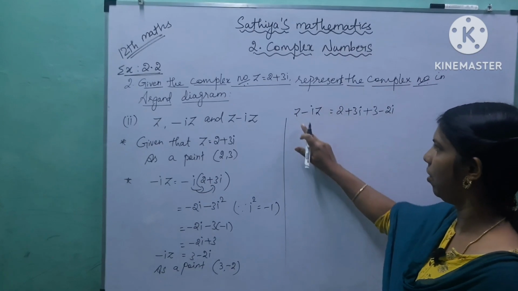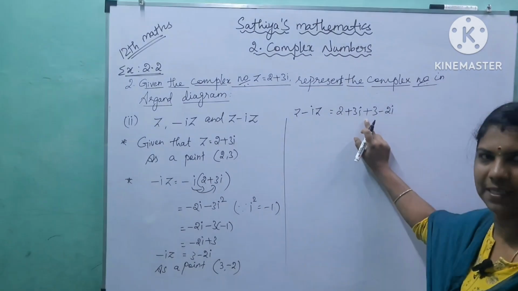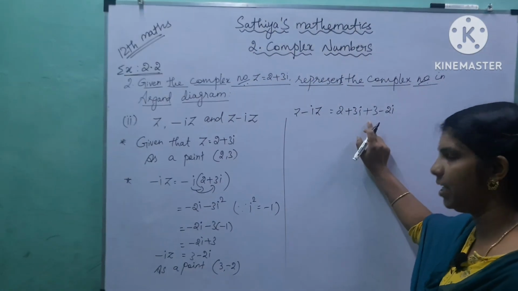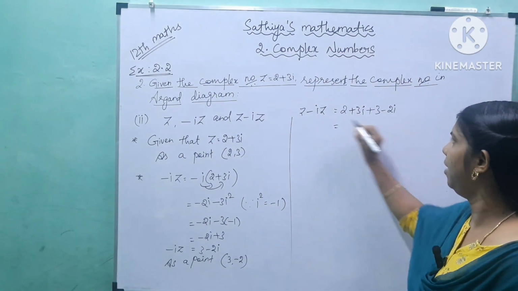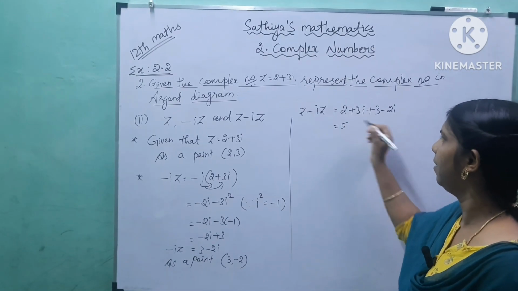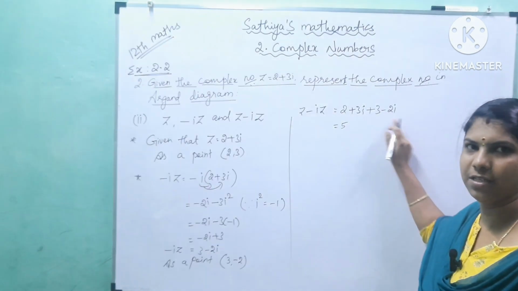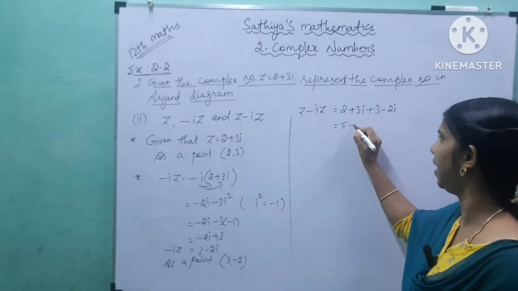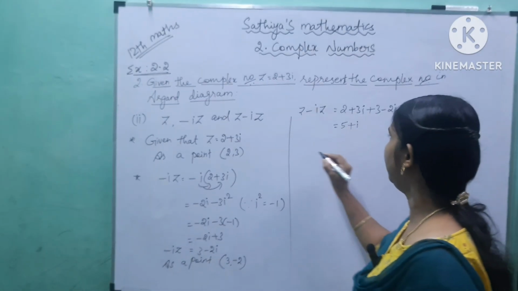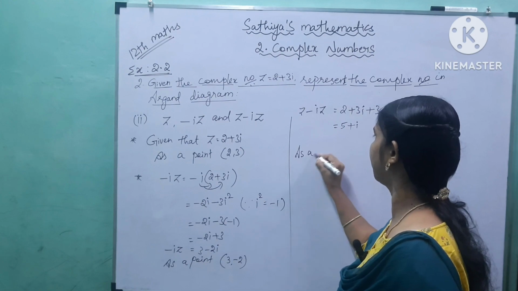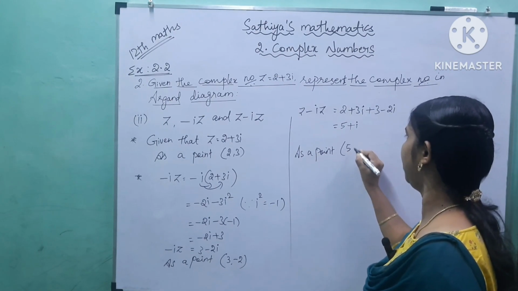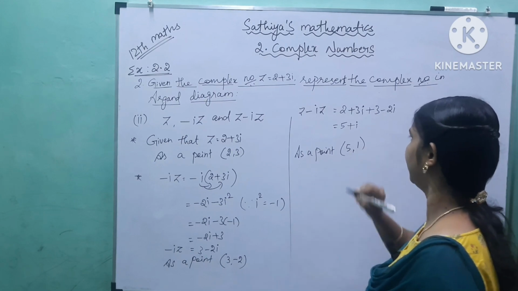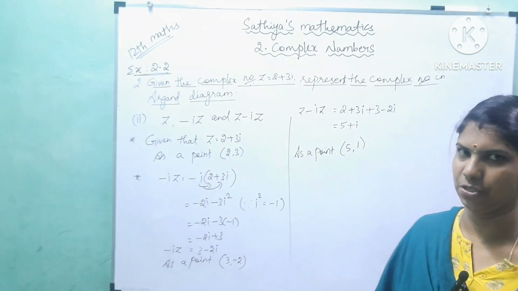Since we have already found minus iz, we can put a plus symbol here. Otherwise we would have to write the minus separately and iz separately. Now we can add the real part with the real part, 2 plus 3 is 5, and the imaginary part with the imaginary part, 3i minus 2i is i. So this as a point we can write as 5, 1. Real part, imaginary part.